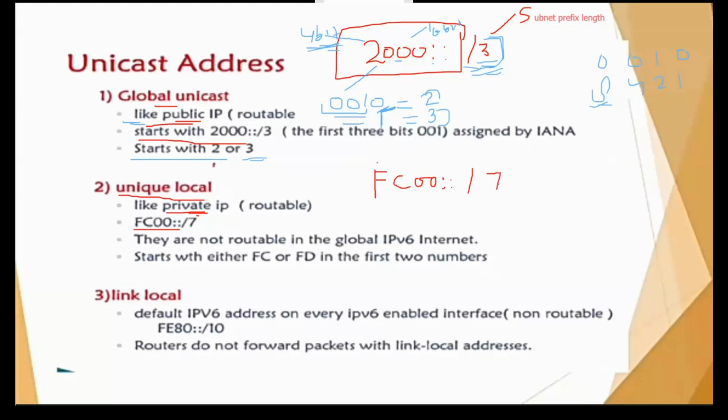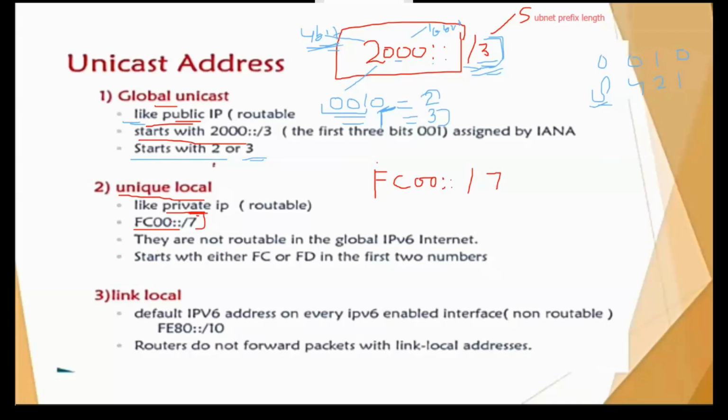Here the same rule applies. FC00 is the range from which your IP address will start. But here the starting 7 bits you can't change. After that, all the values you can change and assign according to you.